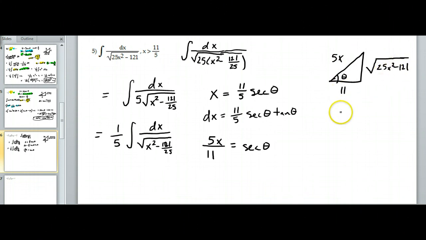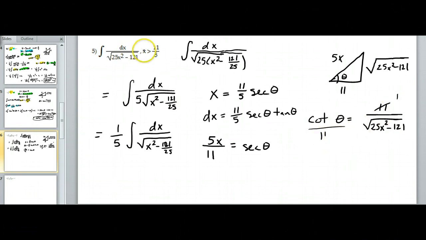Right, that needs to be in the denominator, so I need some function of theta to be equal to 11 over the square root of 25x squared minus 121. And which trig function of theta is that? That's adjacent over opposite, so that's the cotangent. Alright, so cotangent theta equals this, so 1/11 of the cotangent will equal this.